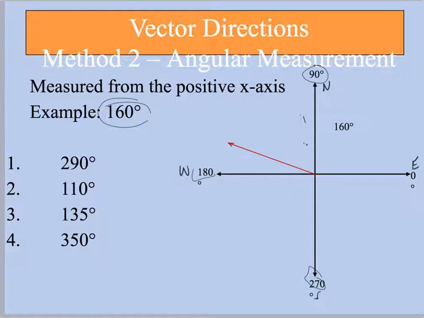How about 135? Well, 135 we know is going to fall right in the middle of 90 and 180. So if we were going to try and figure out how far past 90 degrees is 135, we would just say 135 minus 90. And 135 minus 90 is 45 degrees. So we know that's halfway in between.